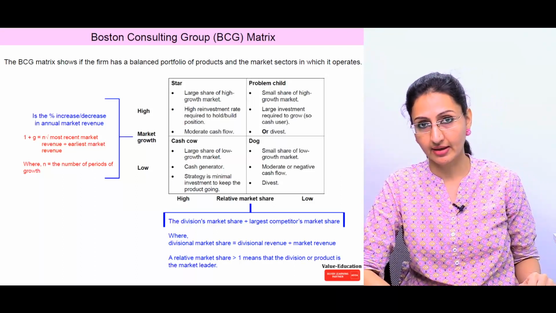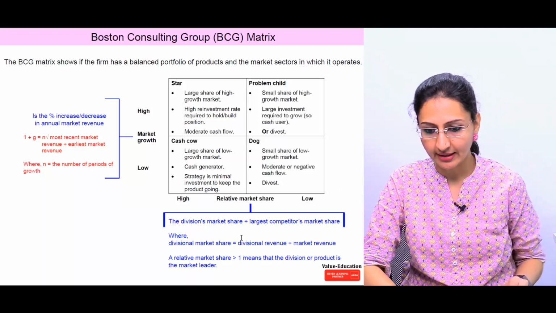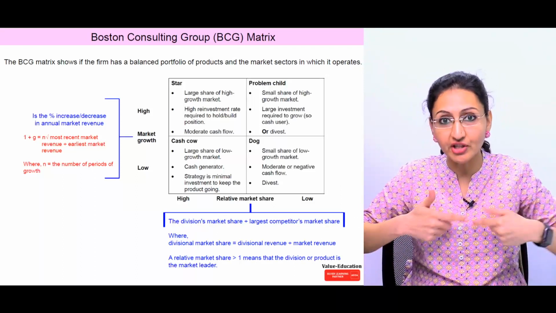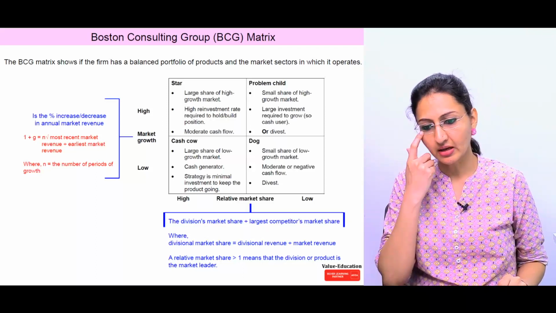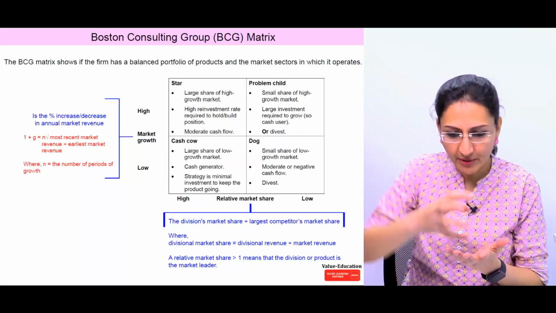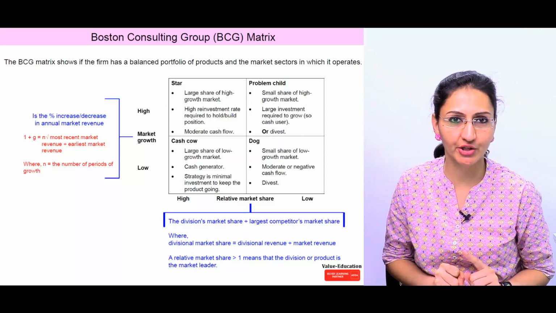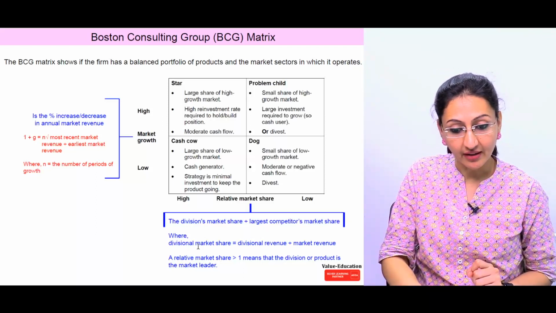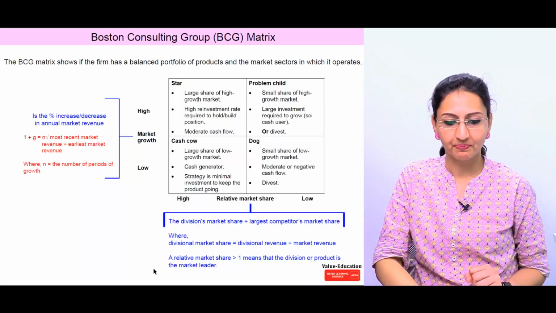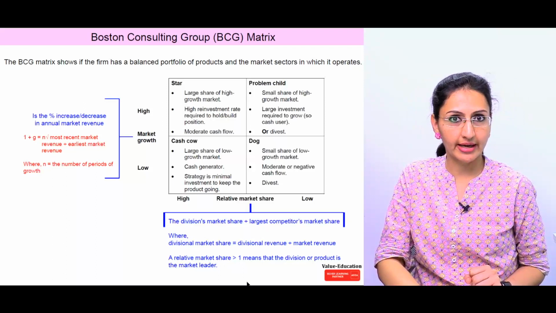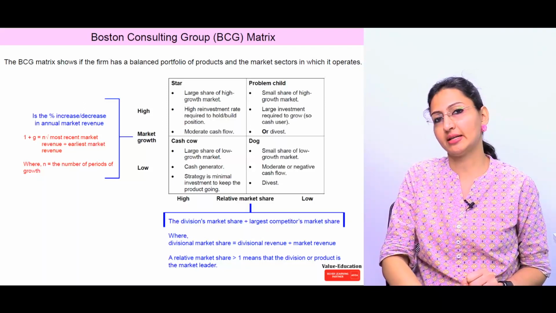Market share: relative market share is your own division's market share divided by the largest competitor's market share. Or you can say, out of the total market, how much is your share? Then divisional market share is divisional revenue upon market revenue. Relative market share, if it is greater than 1, means that the division is the market leader.